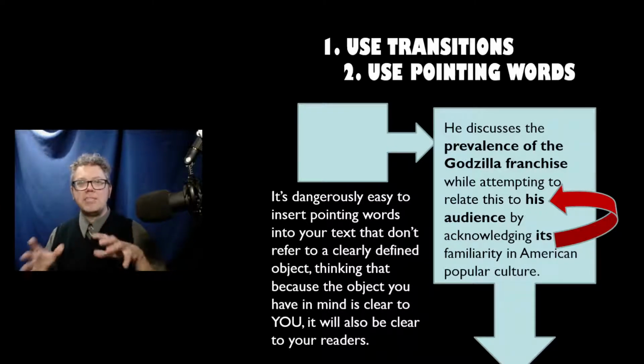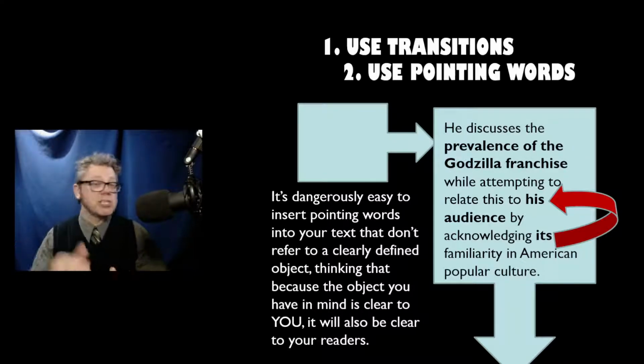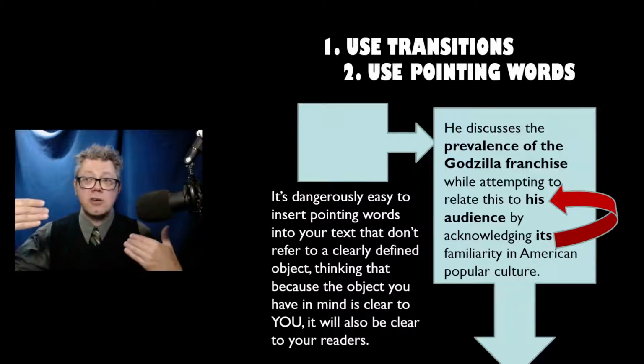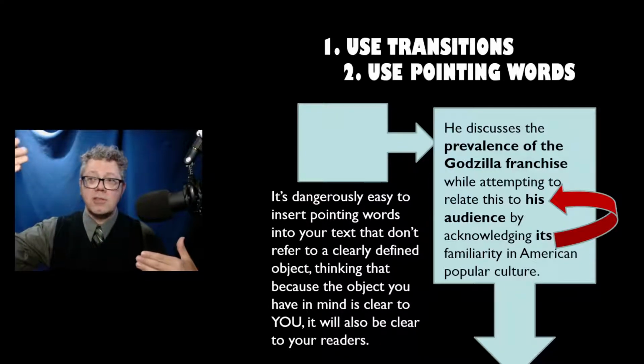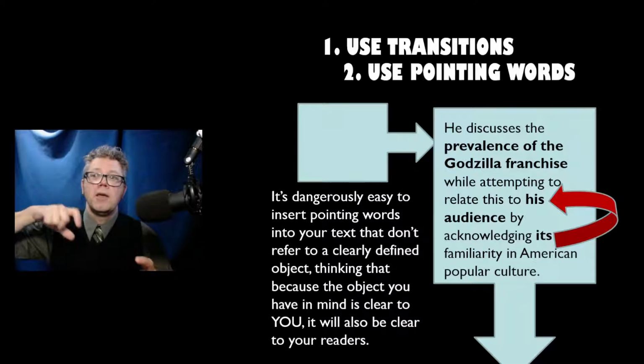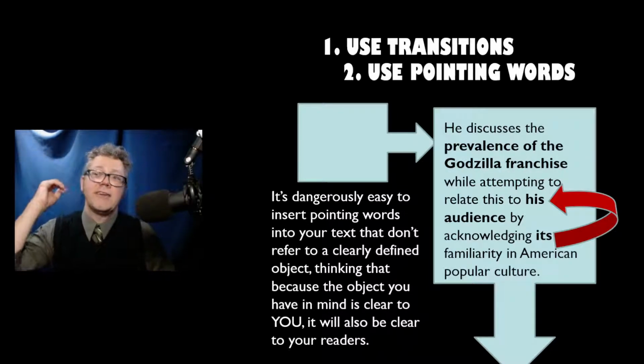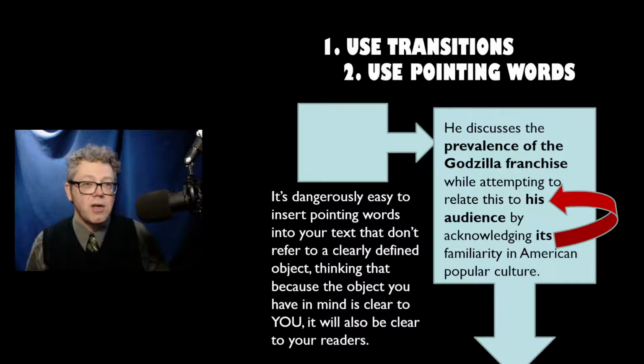And so we need to be very careful as we're working on our writing, especially if you're doing a lot of copying and pasting, because you might cut a section, you might cut the antecedent, the thing that the pronoun is trying to point to. You take the prevalence of the Godzilla franchise and you put it somewhere else entirely in the essay, and now that "it's" is just standing there on its own, and it's not pointing where it needs to be. But the reader thinks it's pointing to, say, his audience, and they're confused.